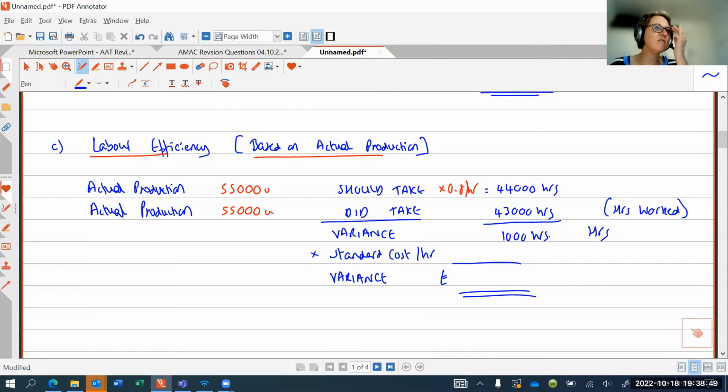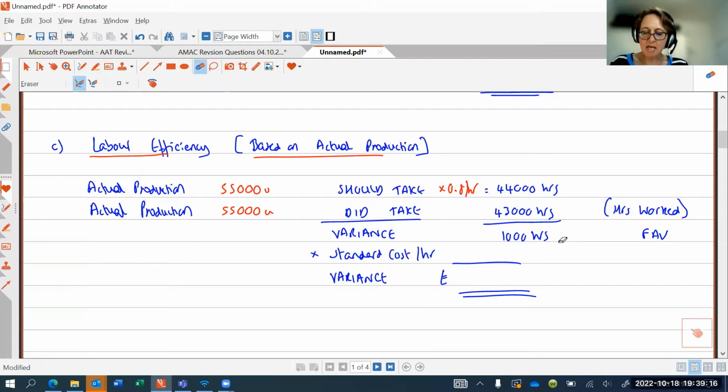Would you say that's a favourable variance or an adverse? Is this a good thing that it took less than we expected? It is good. Because if they can work more quickly, we can give them more work to do. We pay them per hour, so the more work we can get out of them per hour, the better. So we've got 1,000 hours, favourable variance.